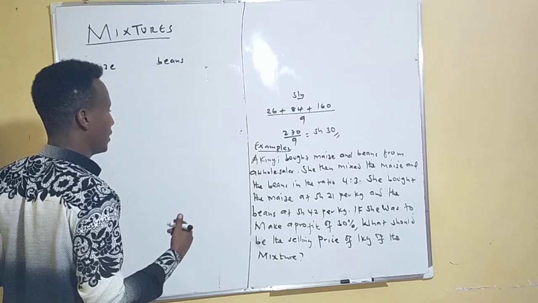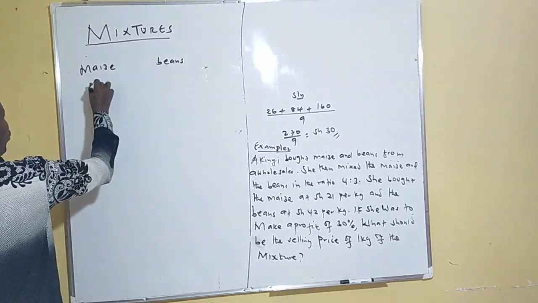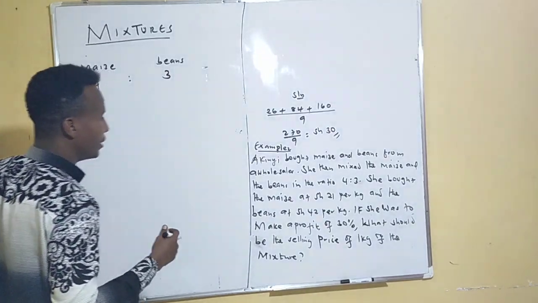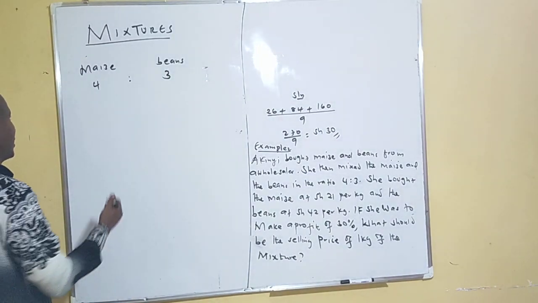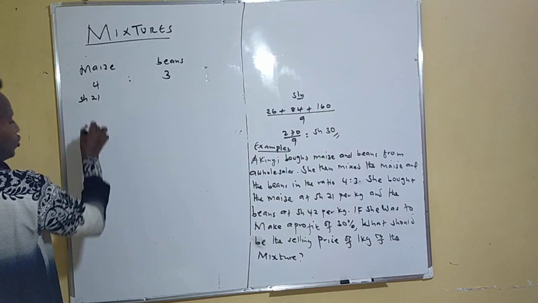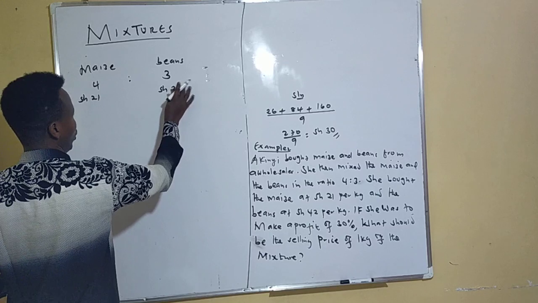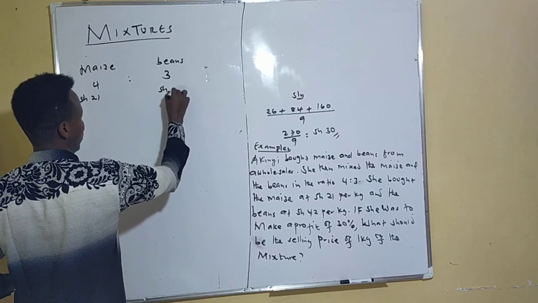She then mixed the maize and the beans in the ratio 4 to 3. She bought the maize, that is the buying price or the cost, at Shs 21, and the other one at Shs 42.